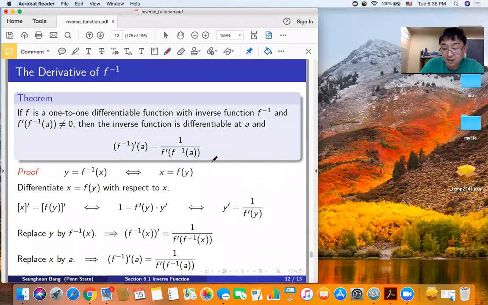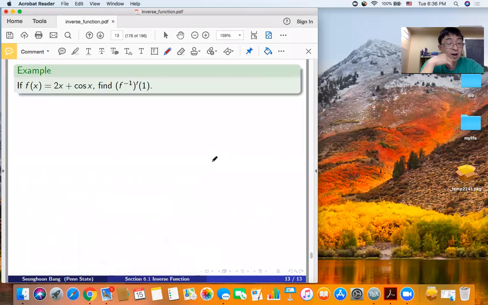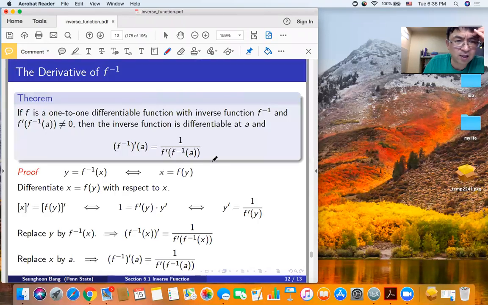So the last example here. F of x equals 2x plus cosine x, find inverse f prime of 1. If you want to find this kind of thing, first you can check what? Function f is 1-to-1.